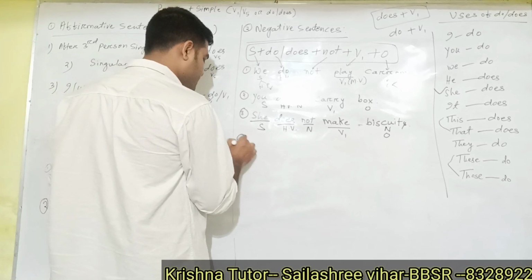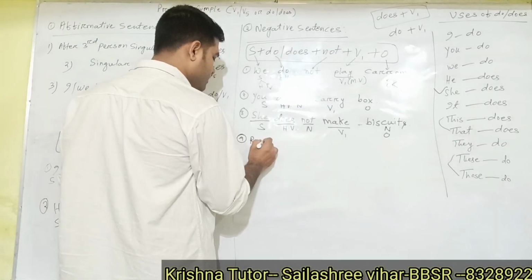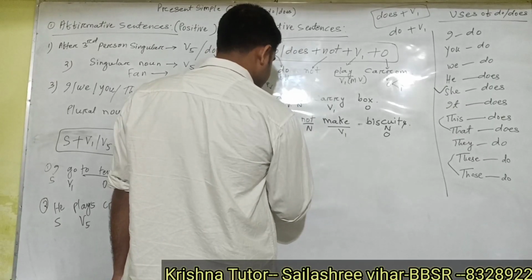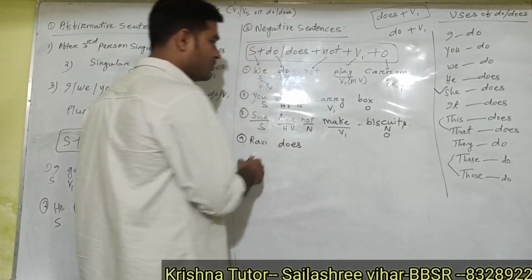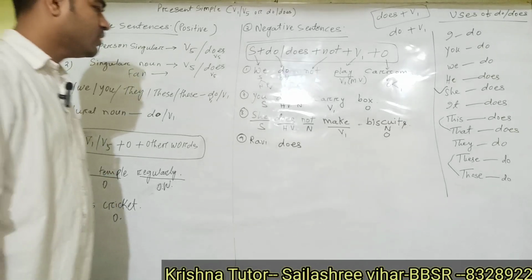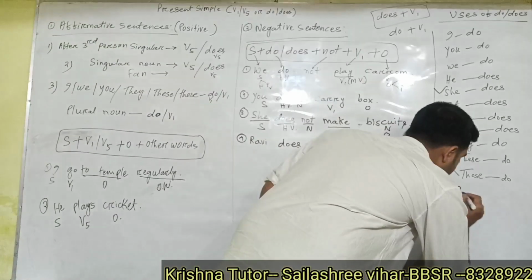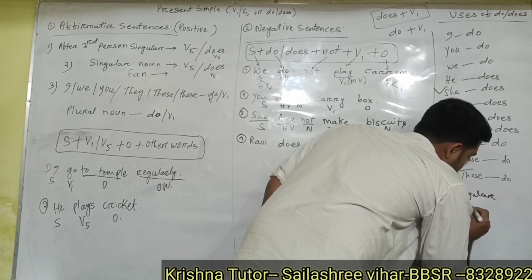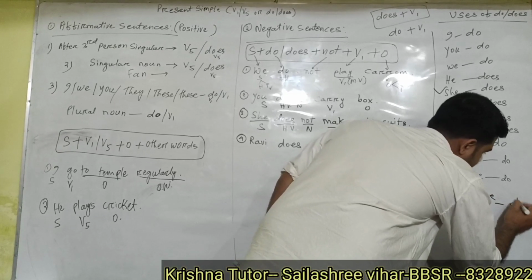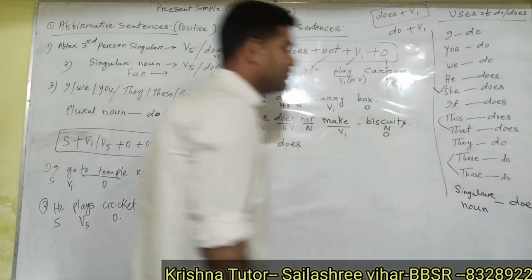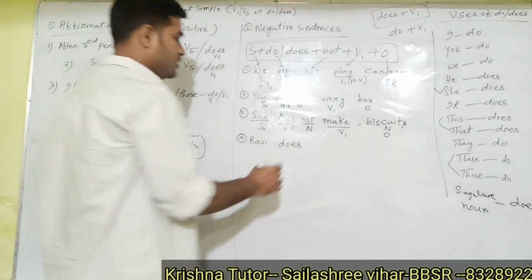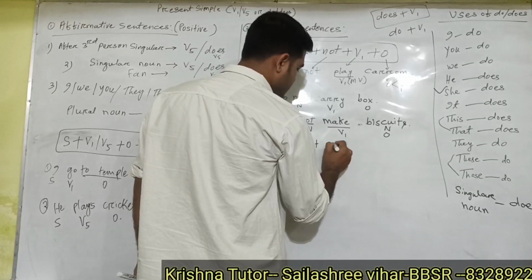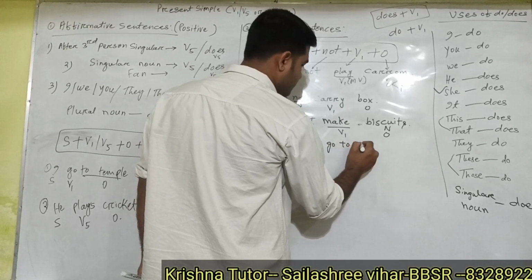If I write Ravi, Ravi is a singular noun. After a singular noun, use does. Don't use do. Ravi does not go to market.